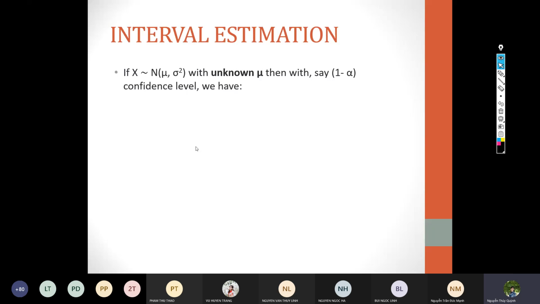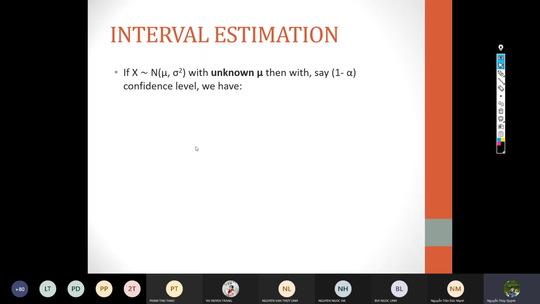Now we will take advantage of the distribution of the sample mean to construct the confidence interval for the population mean, mu.